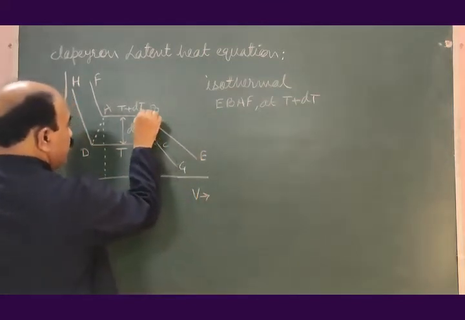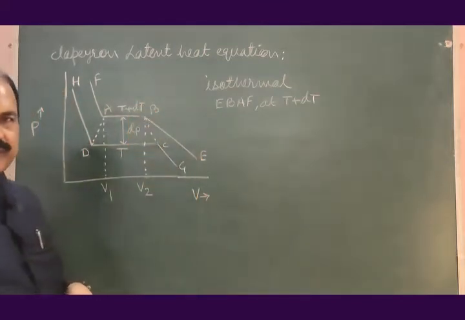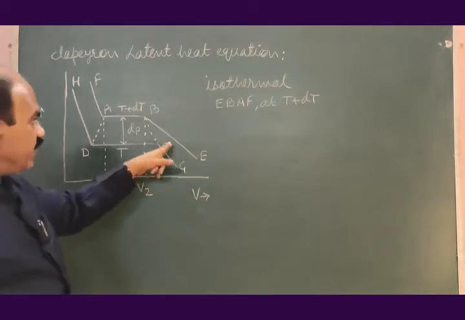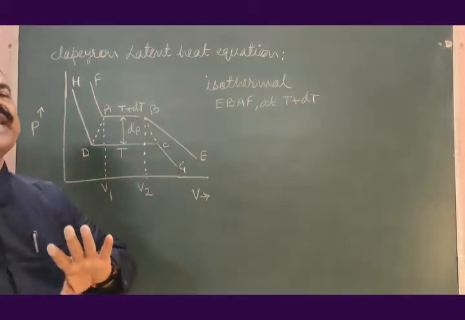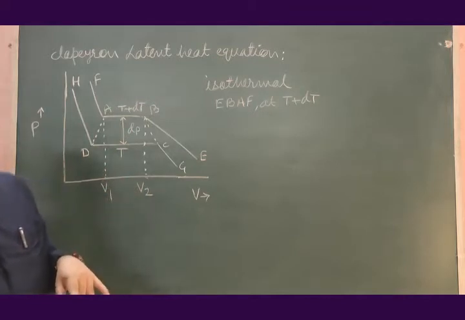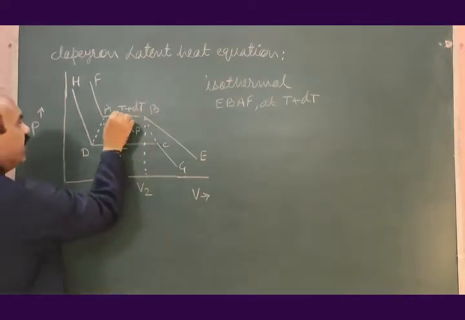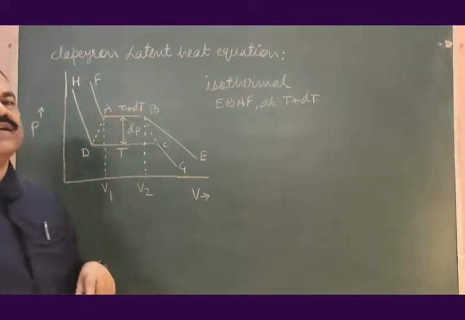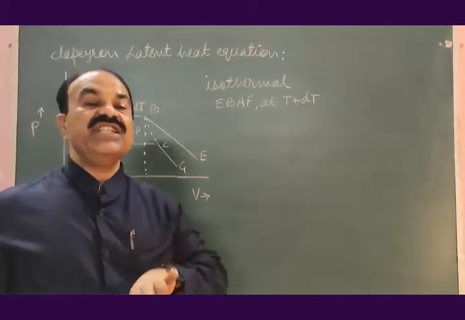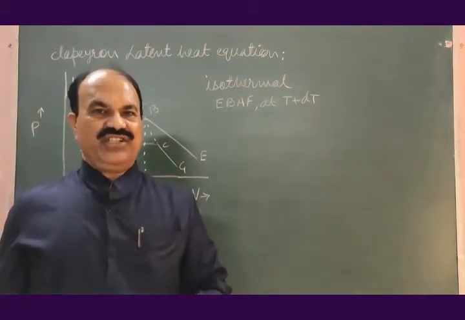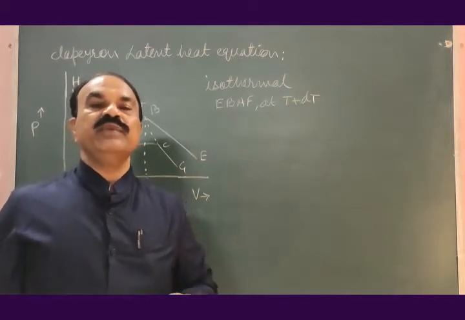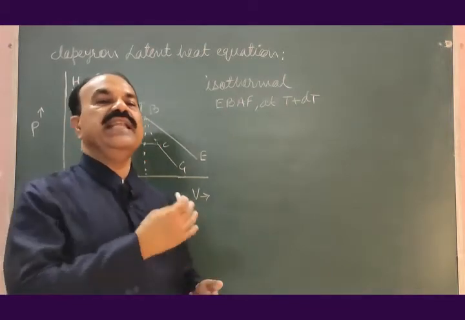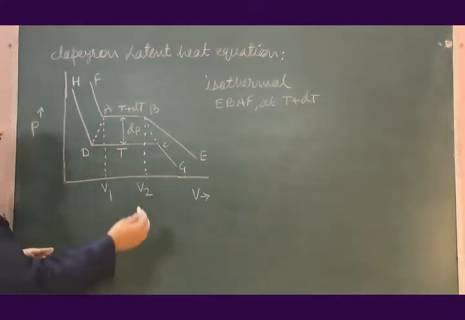From E to B, the matter is in gaseous form. From B to A, the matter is in transition. It is changing from gas to liquid.